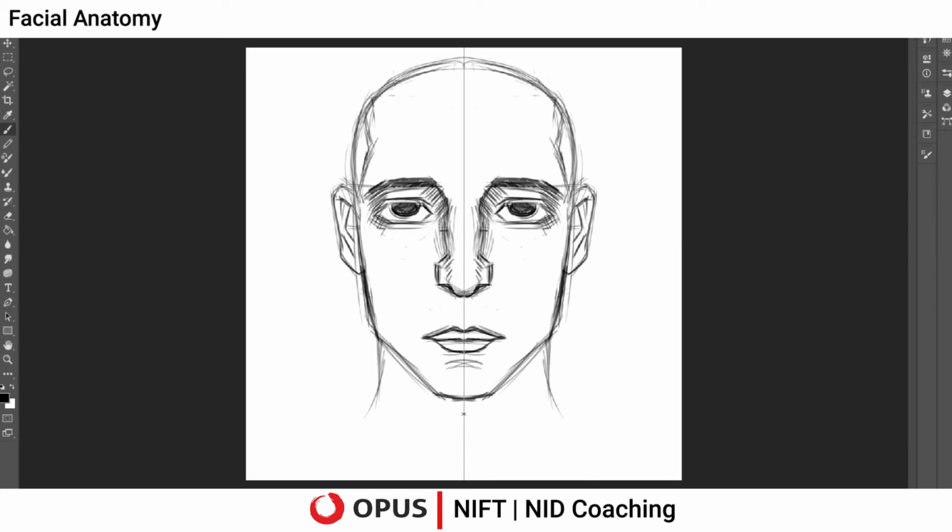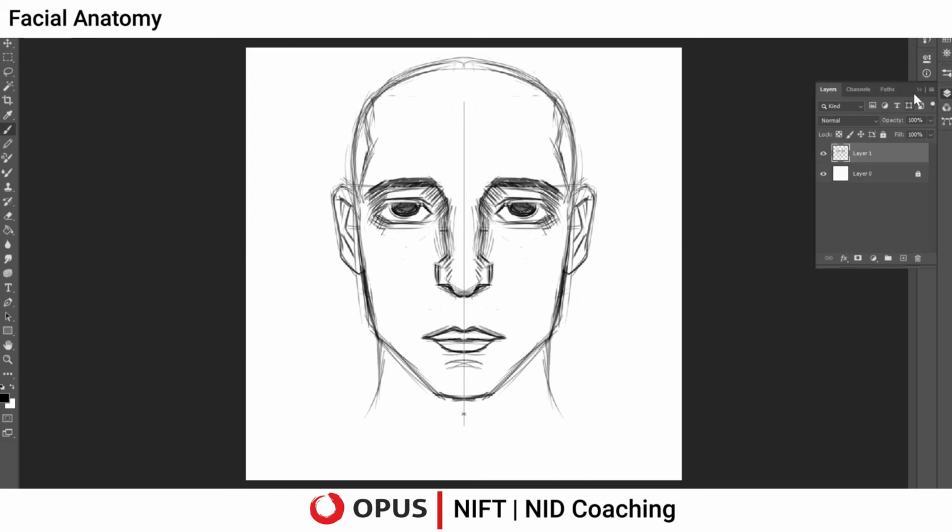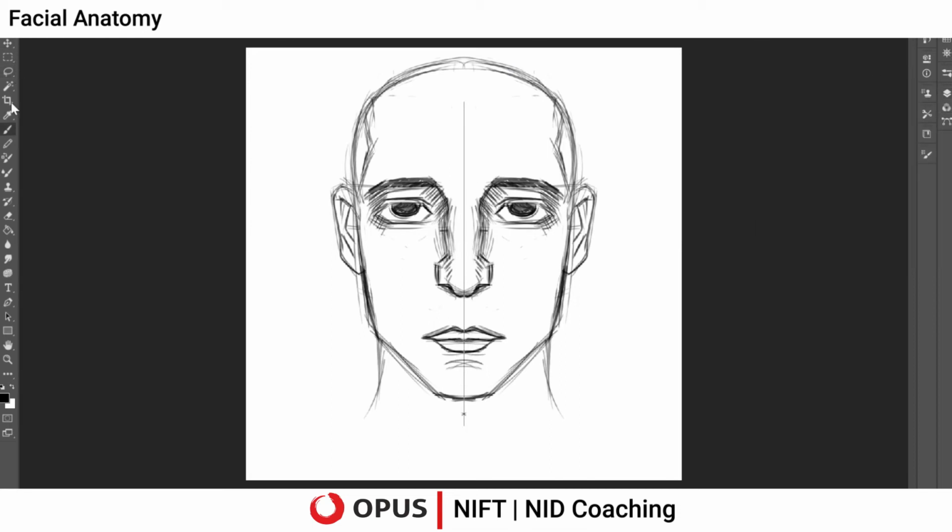All right, so here I might, for the shading itself, it would require certain amount of strokes that has to be placed at certain places of the face to bring out its structure.